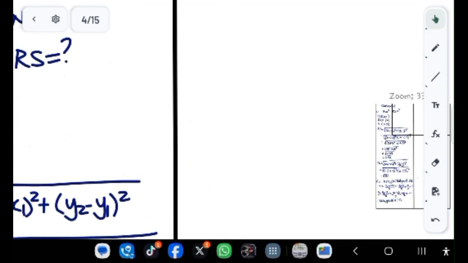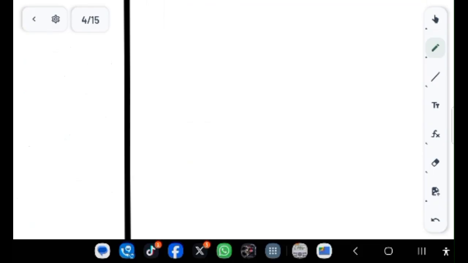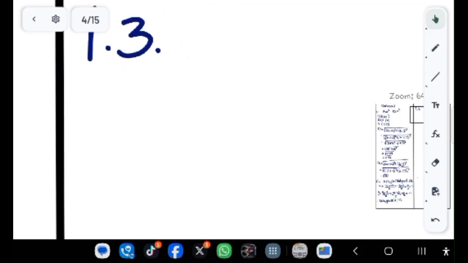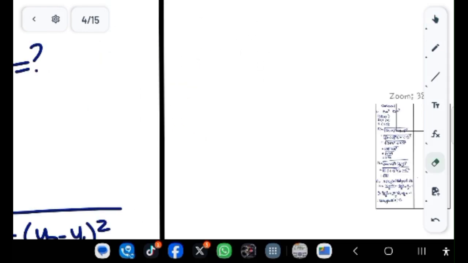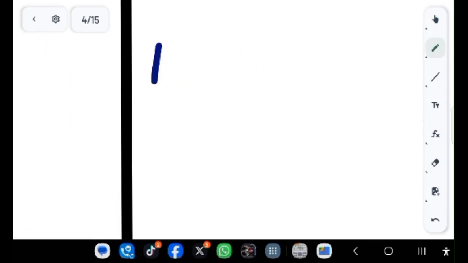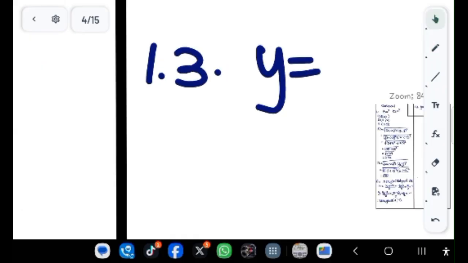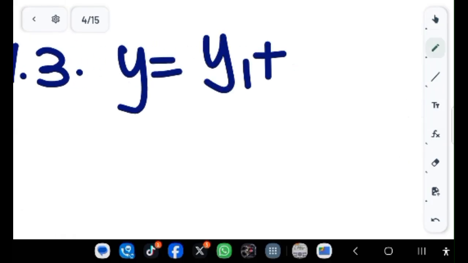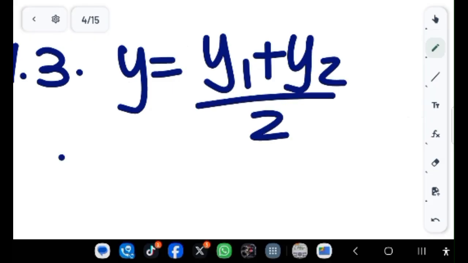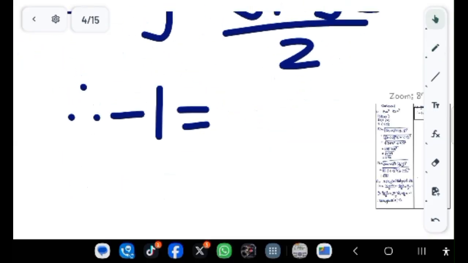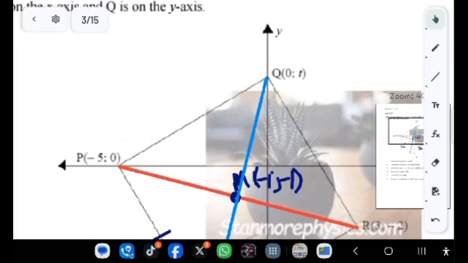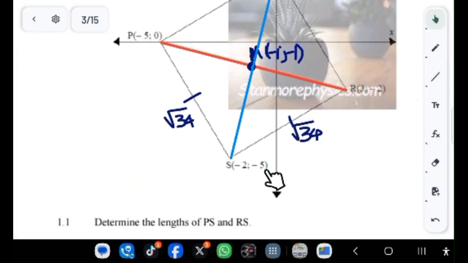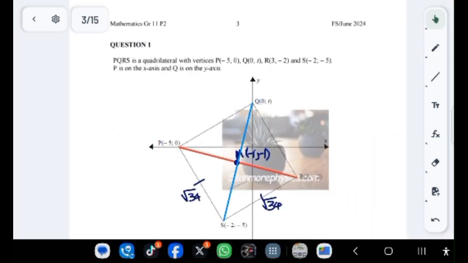So, the y coordinate of the midpoint is y1 plus y2 over 2. We know that it's negative 1, and y1 is on S, y1 is negative 5, and then the other one is t.